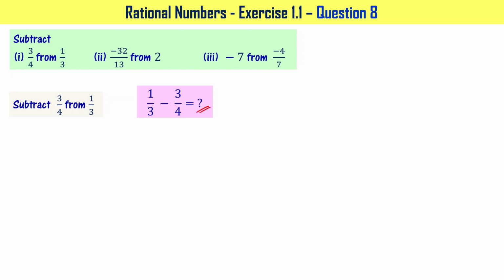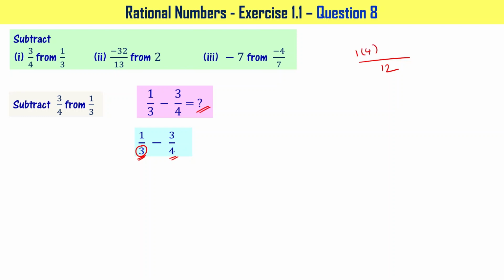We know the subtraction. Look at the denominators 3 and 4, right? Their LCM is 12. Now 12 divided by 3 is 4.